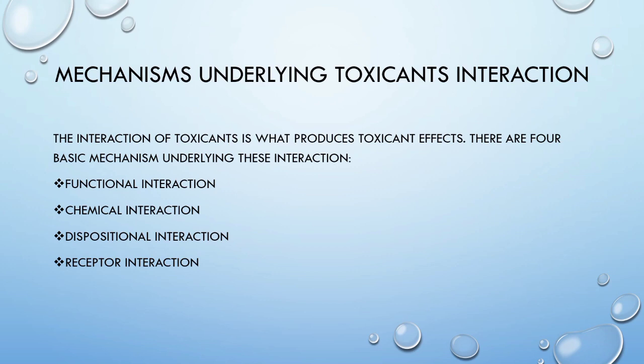So when a person is saturated with morphine or has taken a lot of morphine, naloxone can be taken into the body and reduce the effect of morphine, reduce the symptoms of having taken a high amount of morphine, because it binds to this receptor for morphine. So that's all under the mechanisms underlying toxicant interaction.